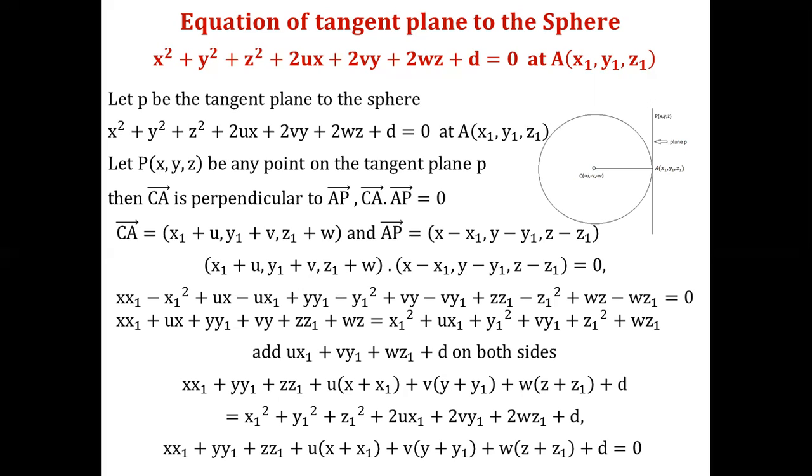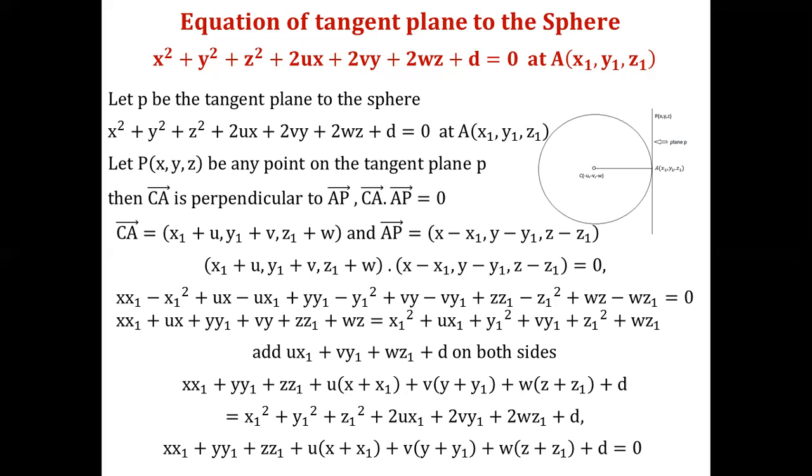So you are going to get, after simplification, xx1 plus yy1 plus zz1 plus u multiplied by (x plus x1) plus v multiplied by (y plus y1) plus w multiplied by (z plus z1) plus d equal to x1 square plus y1 square plus z1 square plus 2ux1 plus 2vy1 plus 2wz1 plus d.